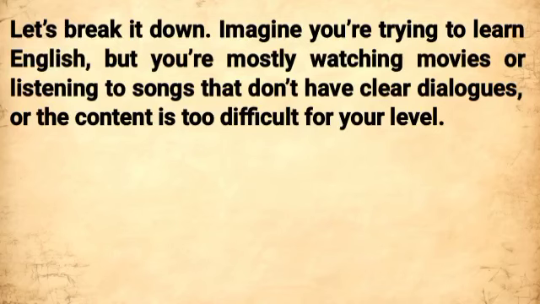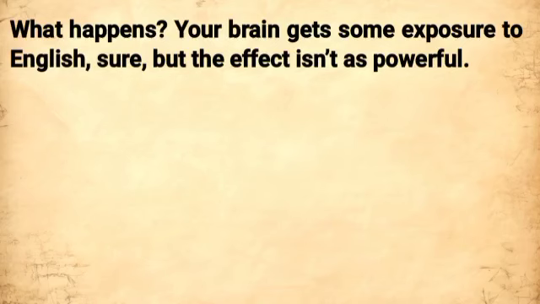Let's break it down. Imagine you're trying to learn English, but you're mostly watching movies or listening to songs that don't have clear dialogues, or the content is too difficult for your level. What happens? Your brain gets some exposure to English, sure, but the effect isn't as powerful.